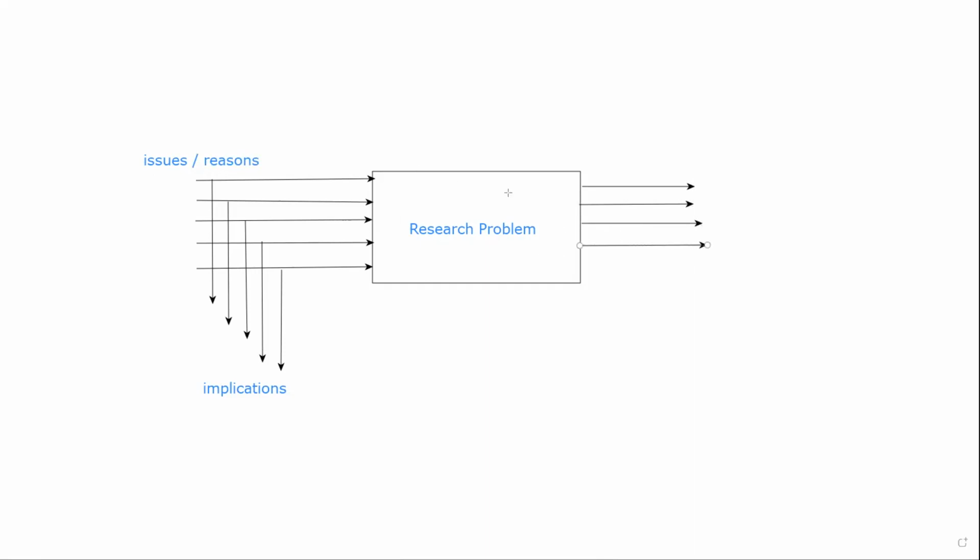That problem will have a set of impacts on the business, society, and users, and the reasons because of which that problem is occurring can also have certain implications. We find out implications of the research problem and reasons of the research problem. You need to understand these aspects: what are the reasons and what are the implications of the problem that you are trying to understand.